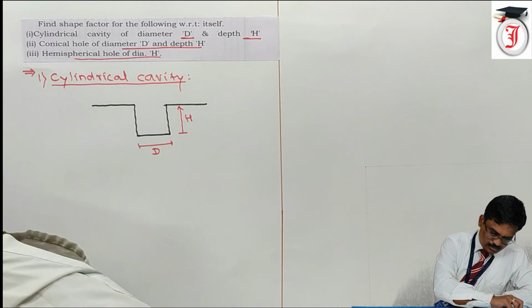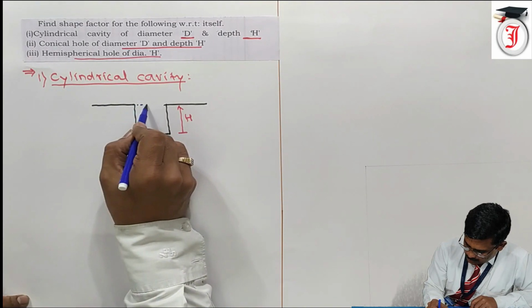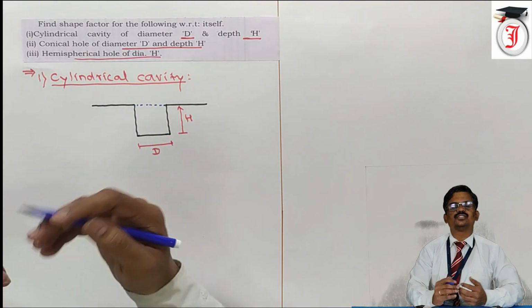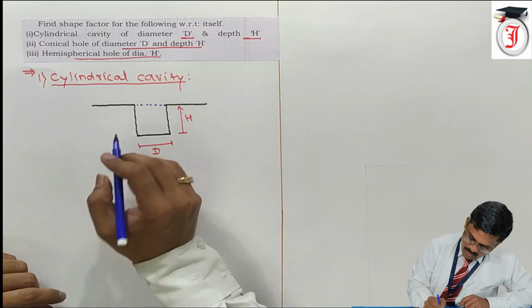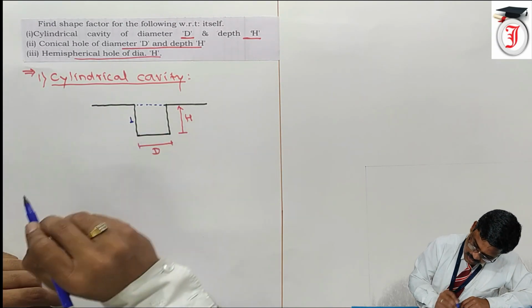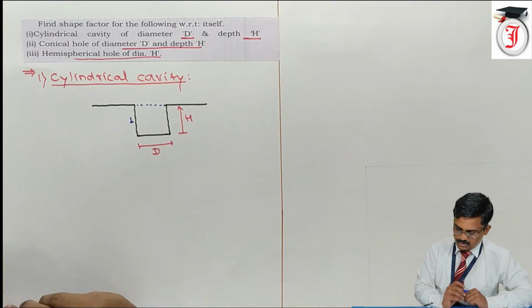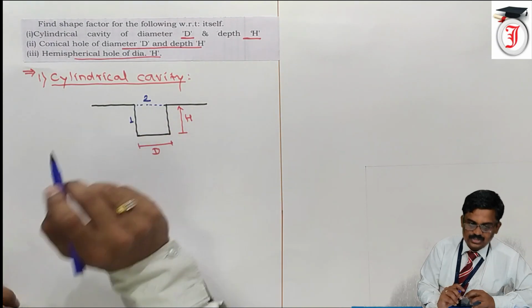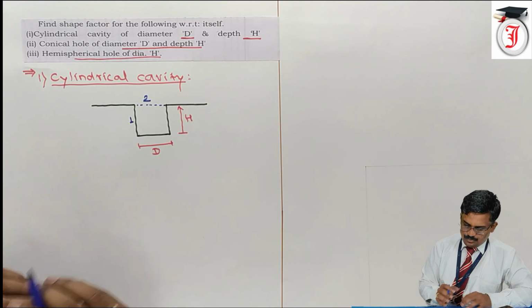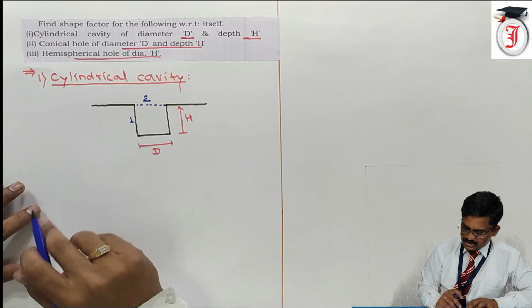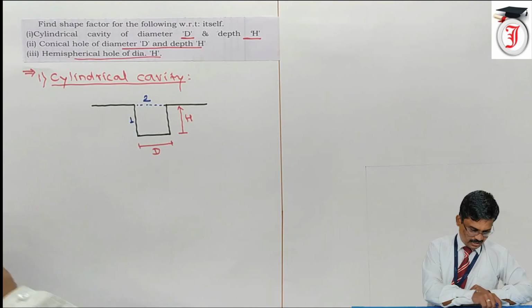So let us assume this is an imaginary surface. We have this first surface, that cylindrical cavity is one surface, and this imaginary surface as 2. Now there are two surfaces, so let us apply reciprocity theorem.